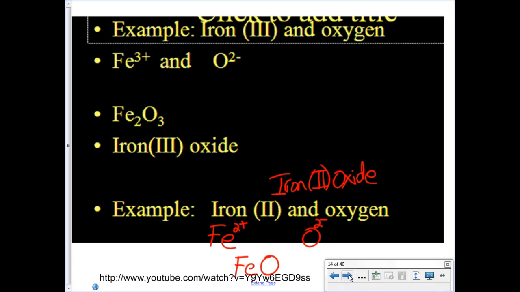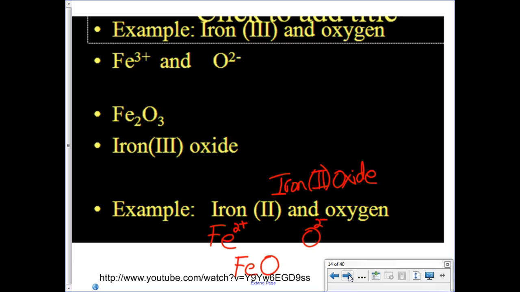Okay. Cut some of my slide off here. So here's another example of a transition metal ionic compound. Iron, Roman numeral 3, and oxygen. So that tells us that this is iron with the positive 3 charge.